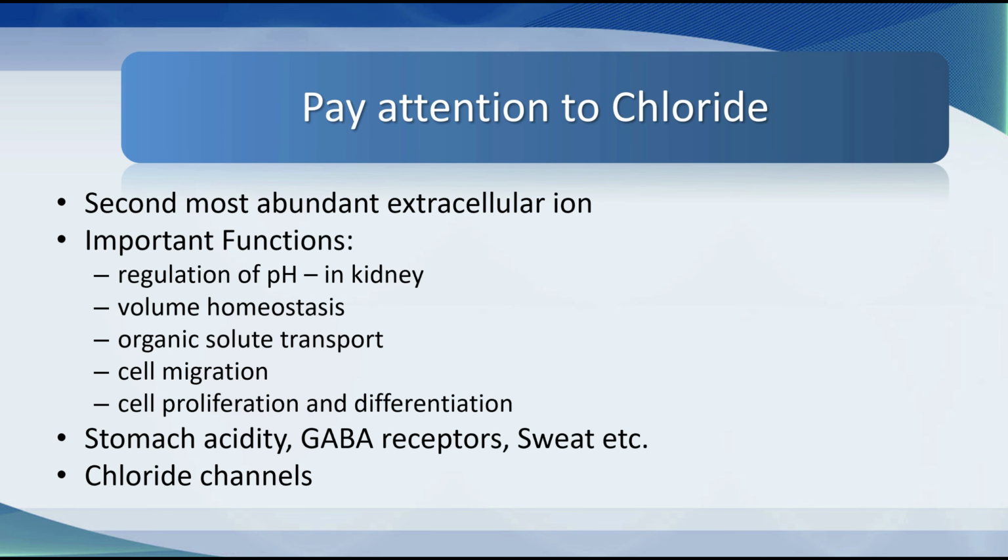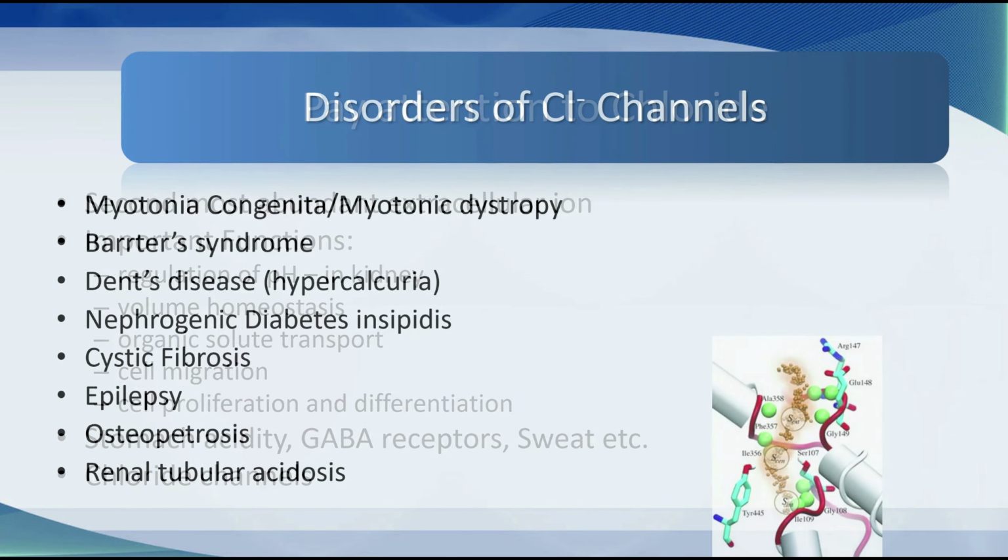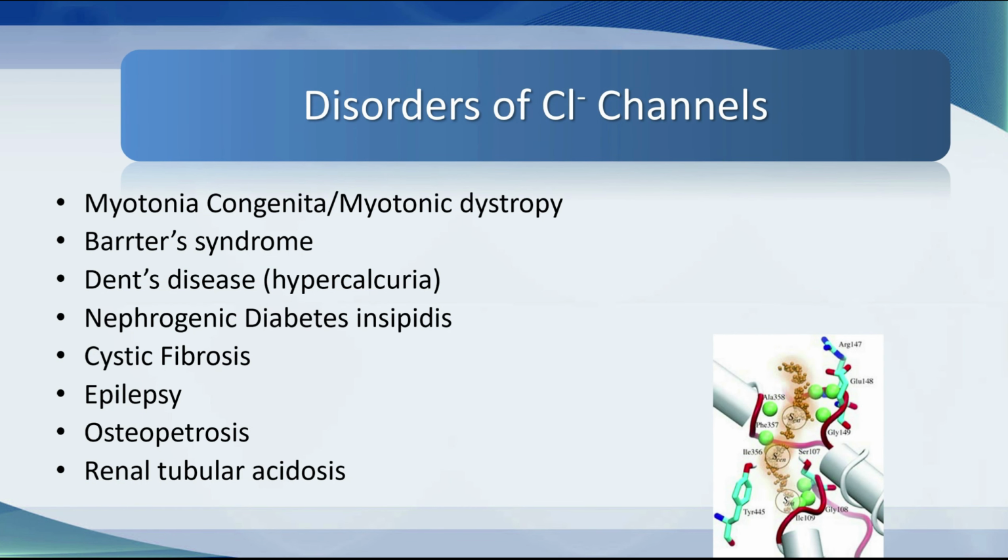And there are many medical problems associated with chloride channels, like myotonia congenita, myotonic dystrophy, Bartter syndrome, Dent's disease, nephrogenic diabetes insipidus, cystic fibrosis, some forms of epilepsy, osteopetrosis, and renal tubular acidosis.